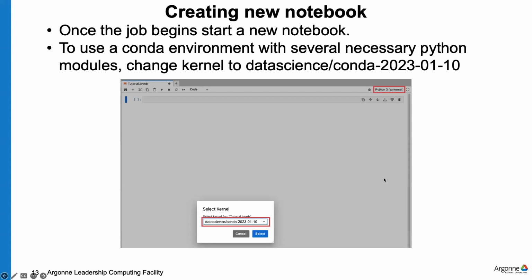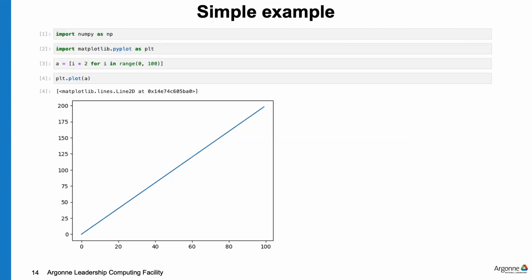You would log in right in the red box at the very right corner, and then just load in October 4th here. Here's a very simple example. You can see that the default environment will give you access to a lot of different modules. What I'm showing here is just NumPy and Matplotlib, and showing that you can run a very simple Python script if you need to.